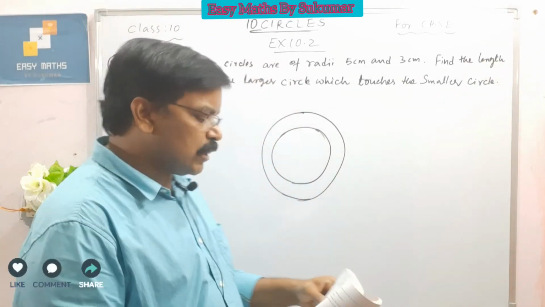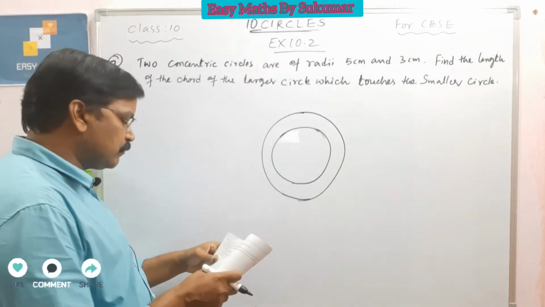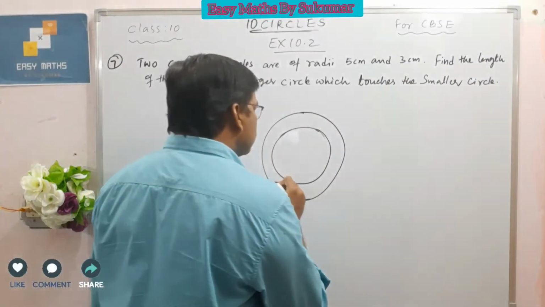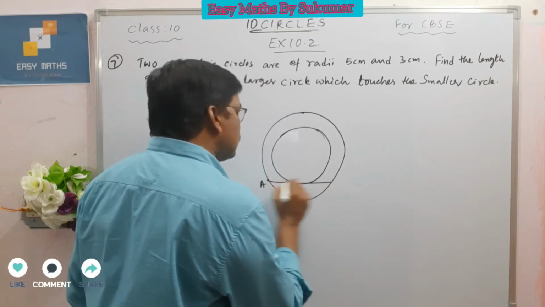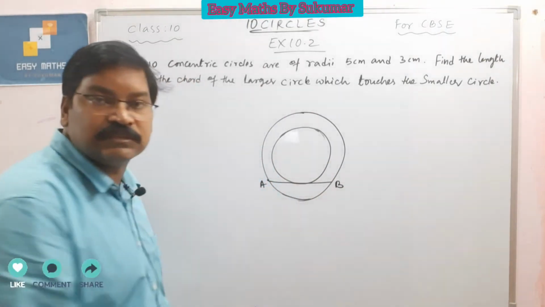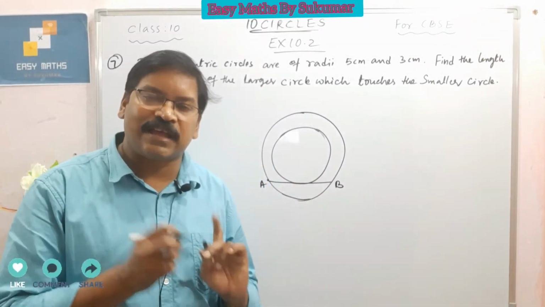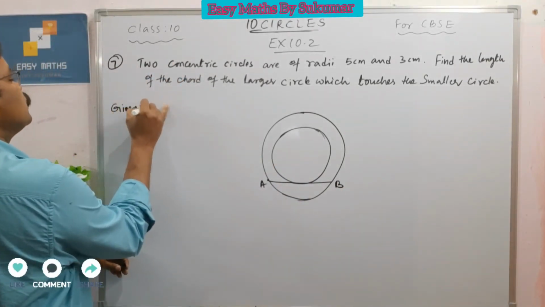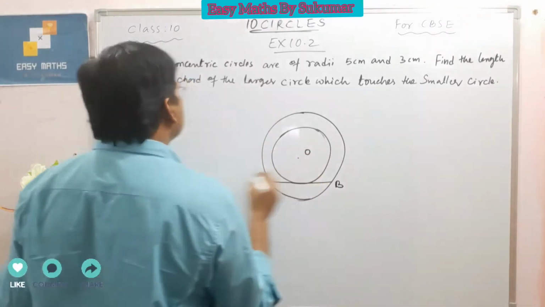So we have to find the length of the chord of the larger circle which touches the smaller circle. That means this AB is the chord of the larger circle, but this AB is the tangent of the smaller circle. So what is given here, my dear students? O is the center of the circle.